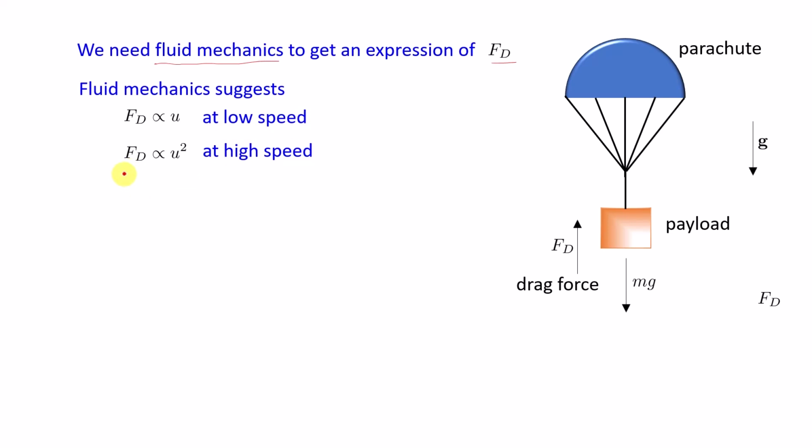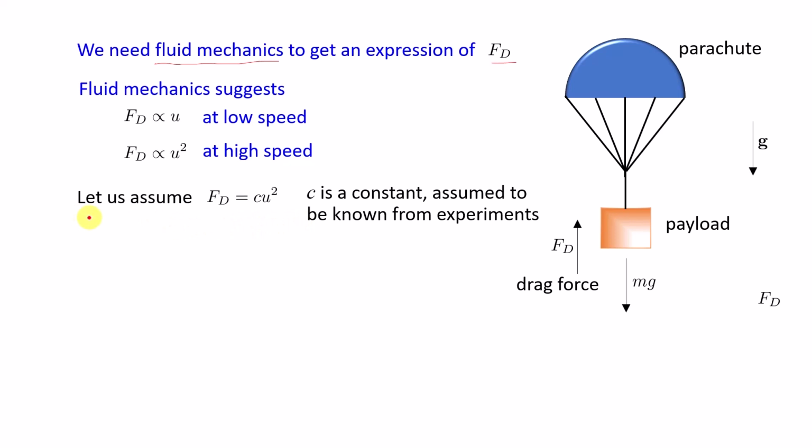And similarly, the drag force is usually proportional to U square at high speed, or when we go toward higher Reynolds number. So in general, of course, Fd will be a function of both U and U square, but these are some of the extreme cases of low Reynolds number and high Reynolds number.